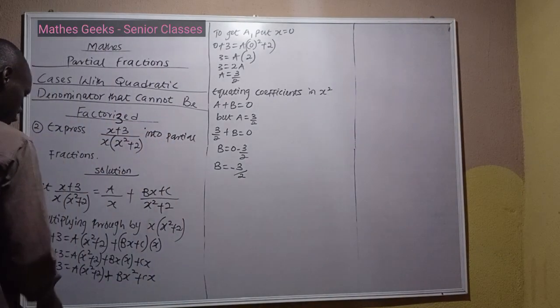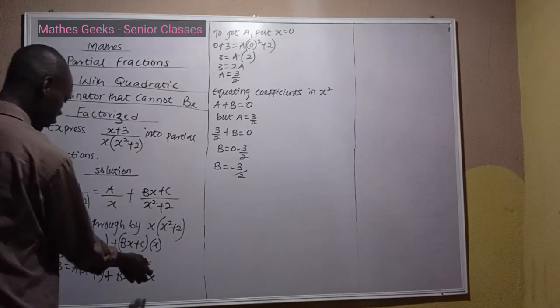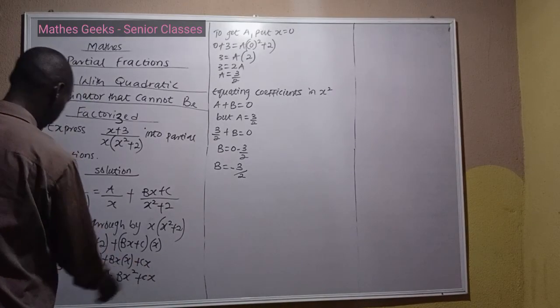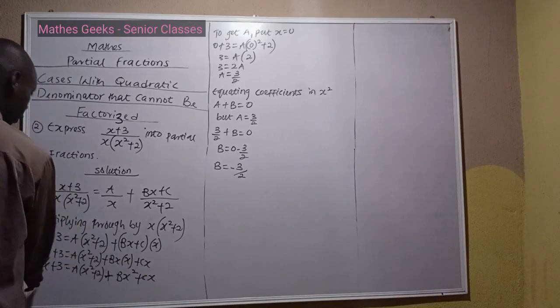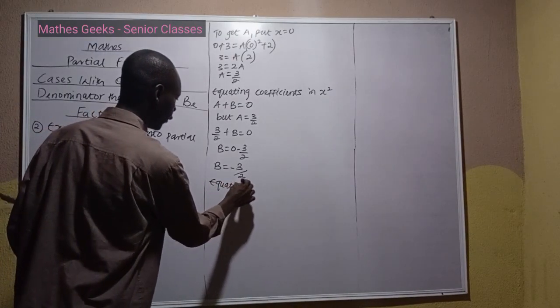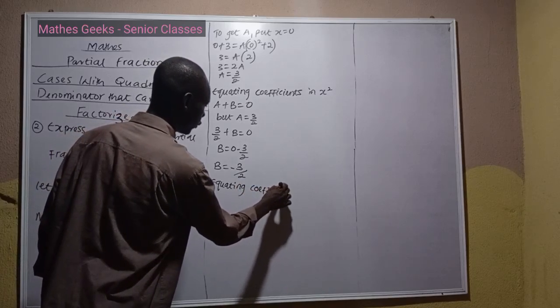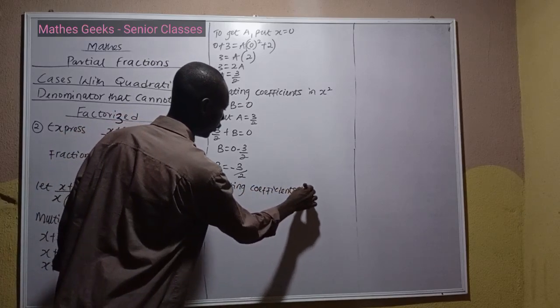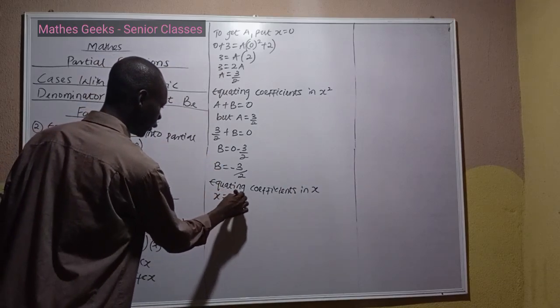Now, to look for c, c is this coefficient in x. So we're going to equate coefficients in x, which is this and this. Equating coefficients in x, we have x is equal to cx.